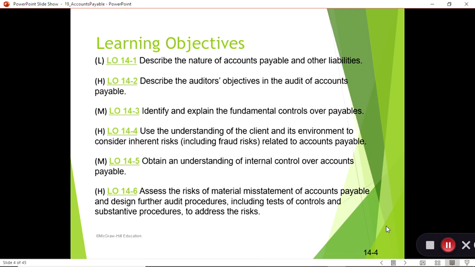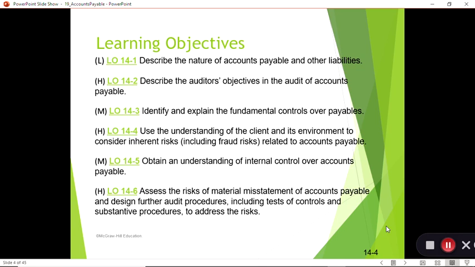So there's our learning objectives with the priorities listed, similar to the other chapters, where we're assuming that you already know a lot of the nature of these accounts. That's why those are low.